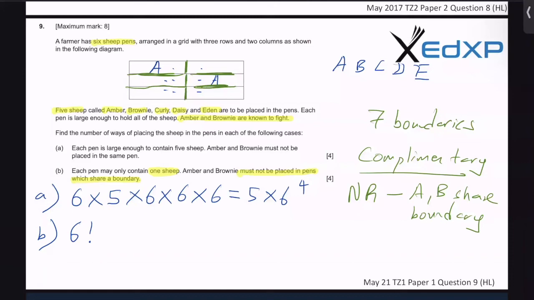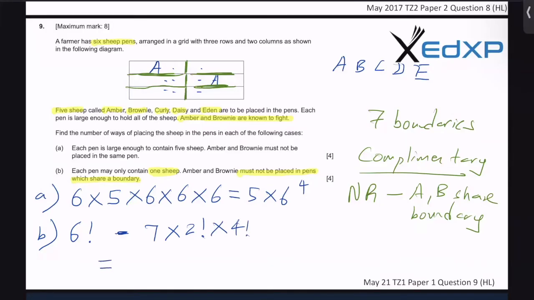And we subtract the case where A and B share a boundary. For them to share a boundary, we know there are 7 cases, and we multiply them with 2 factorial because we can swap A and B around. And for the remaining sheep and the empty slot, we can multiply by 4 factorial.